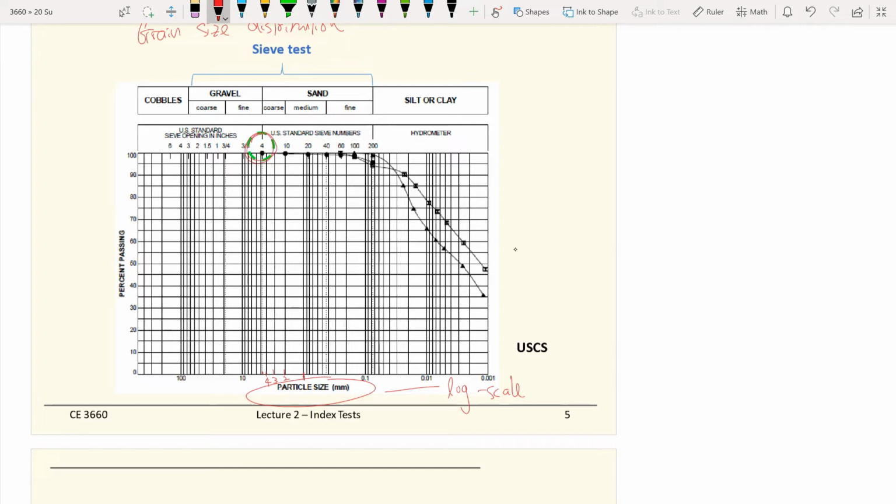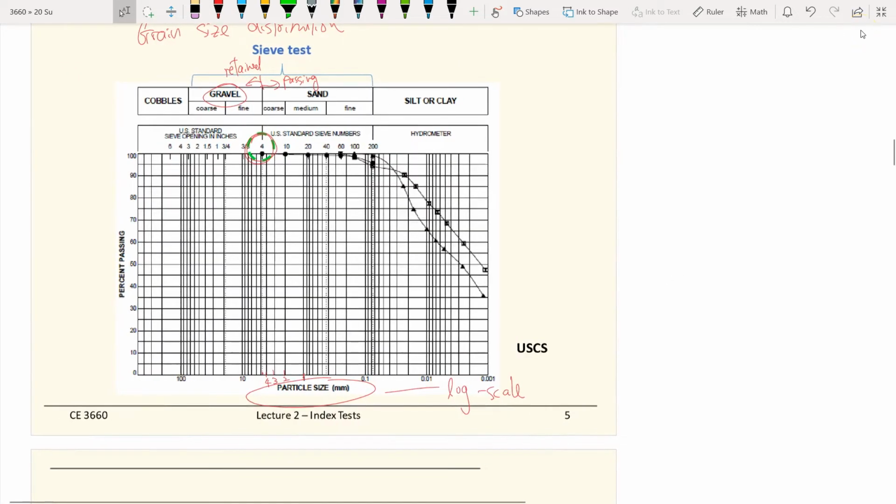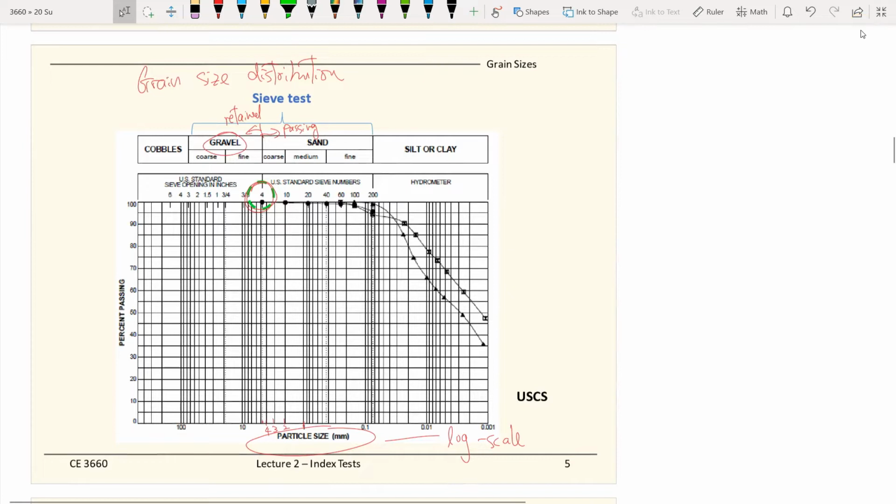Whatever is retained on number 4 is gravel, and whatever passes number 4 is sand. Actually, not just sand, right? It could be sand, silt, or clay.